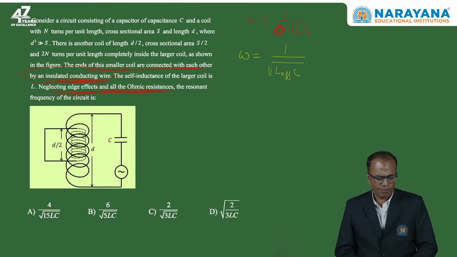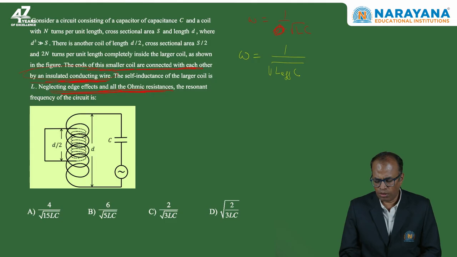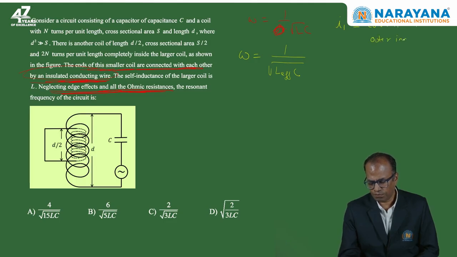Okay, to find the effective inductance, I should think about current. So let's suppose I1 is the current in the outer inductor and I2 is the current in the inner inductor, inner coil you can say.